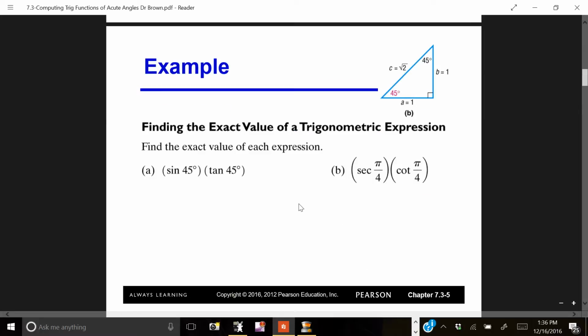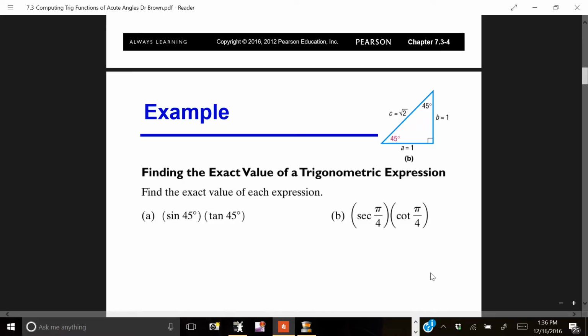Here we're asked to take this triangle and calculate sine of 45 degrees times tangent of 45 degrees, and then secant of pi over 4 times cotangent of pi over 4.